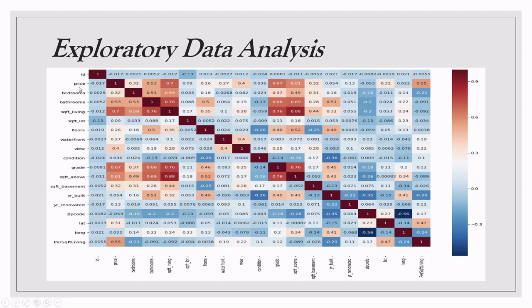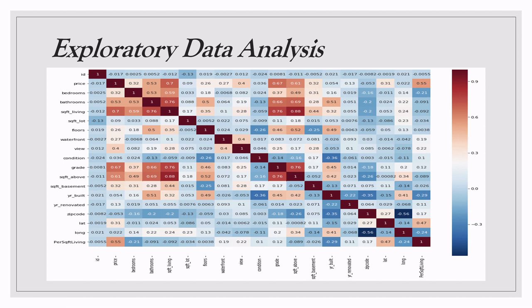So as we see, price has a weak relationship with, we can say, floors, and then we can also say waterfront, then the square foot basement. So price has weak relationship with these features.